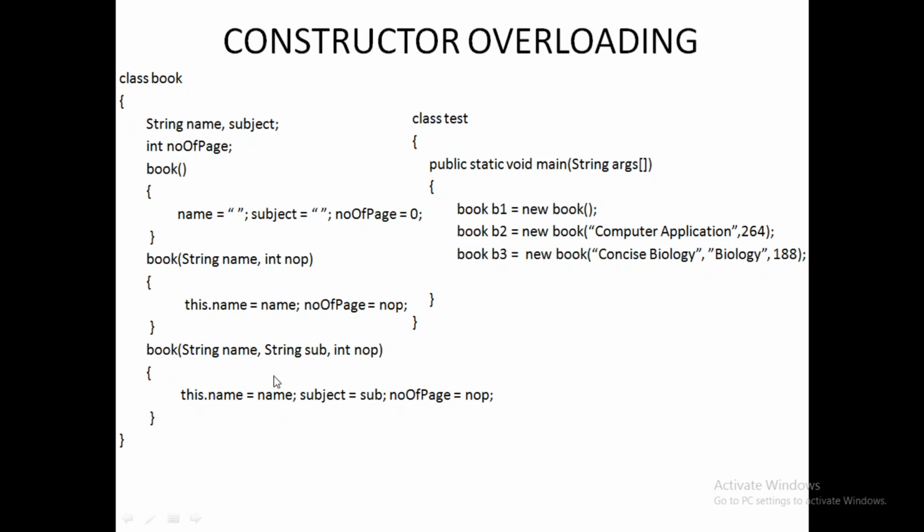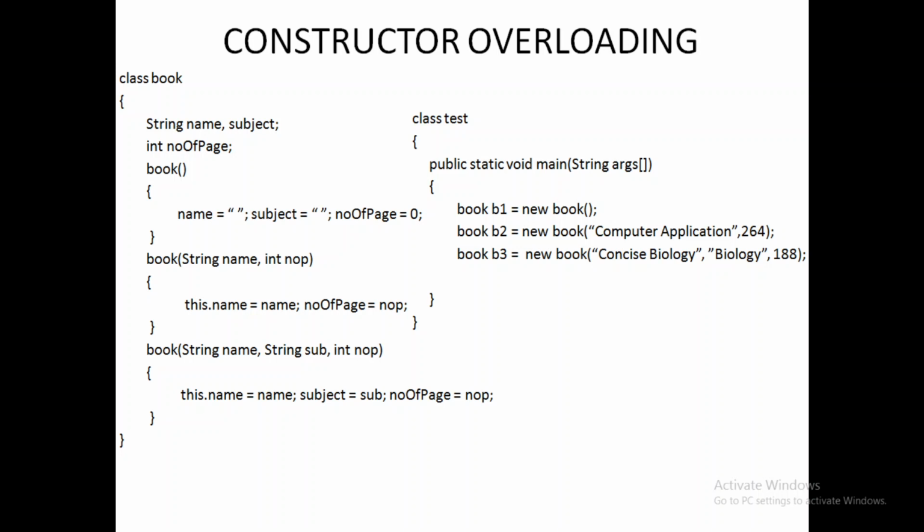Now recall that the definition of method overloading or function overloading tells us that whenever we define a single method more than once inside the same class with different method signatures, that process is called method overloading or function overloading.